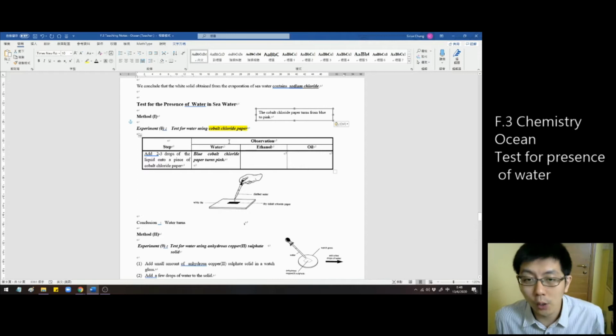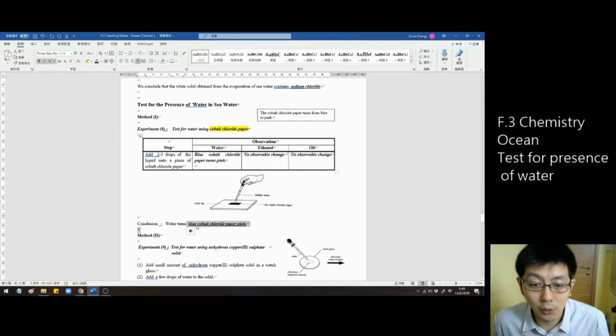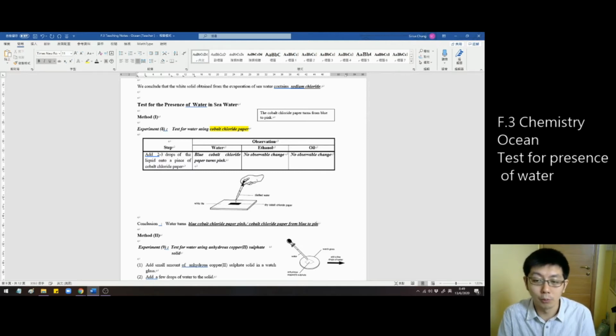Now how about the dry cobalt chloride paper being put into oil and ethanol? In both cases, you cannot see any obvious color change. Actually, we may describe like this: no observable change. So as a summary for this method, we can say water turns blue cobalt chloride paper pink, or we may say that water turns cobalt chloride paper from blue to pink.